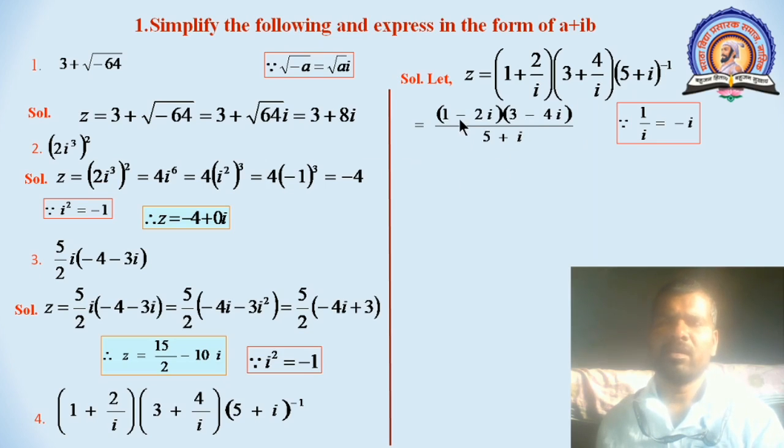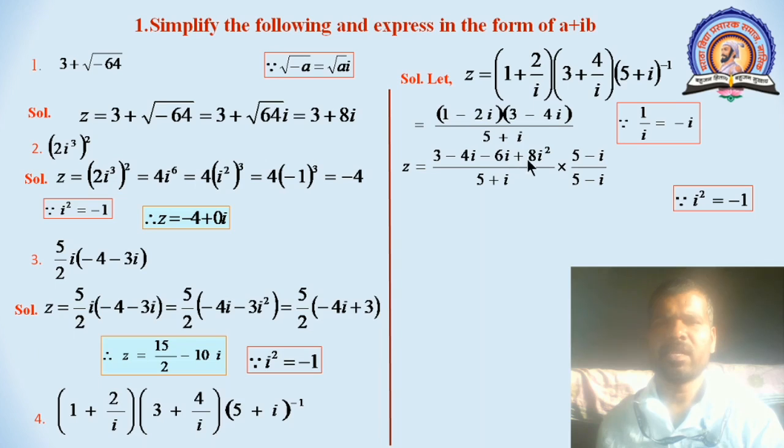Now for division, we know that we multiply and divide by the conjugate of the denominator. The conjugate of 5 plus i is 5 minus i, so we multiply and divide by it.